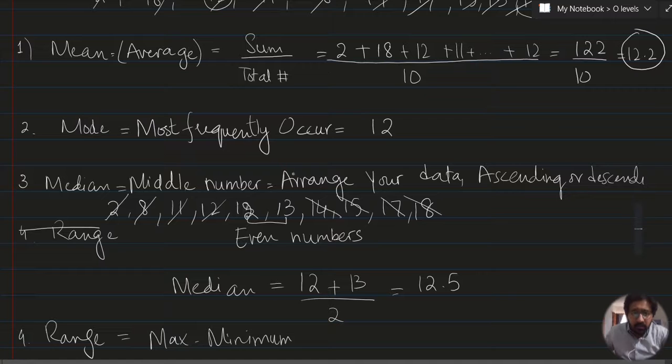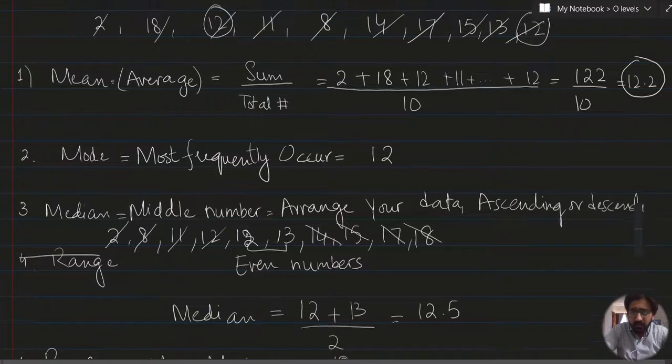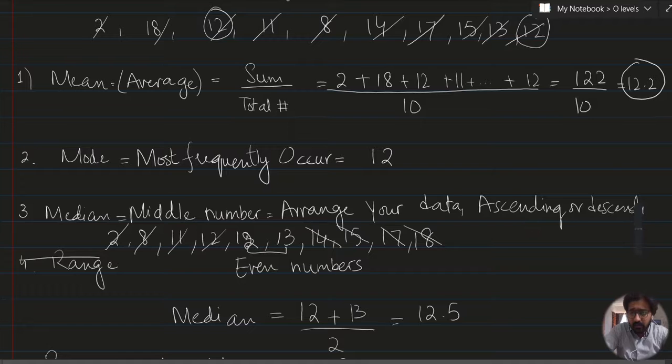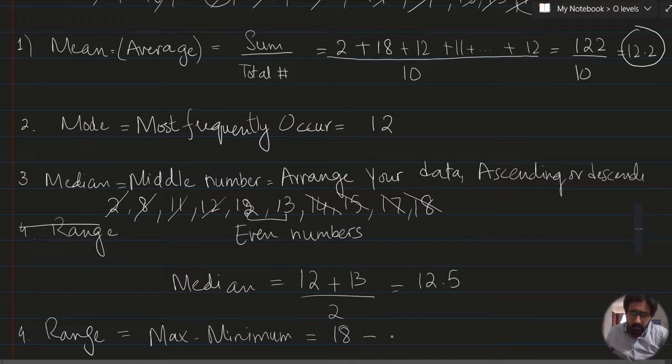The maximum marks that any of your friends have scored in the class are 18, and the minimum, after taking responses from the class, is 2 marks. So the range of the data is from 18 till 2, and that is 16 in total. So this is how you solve a question.